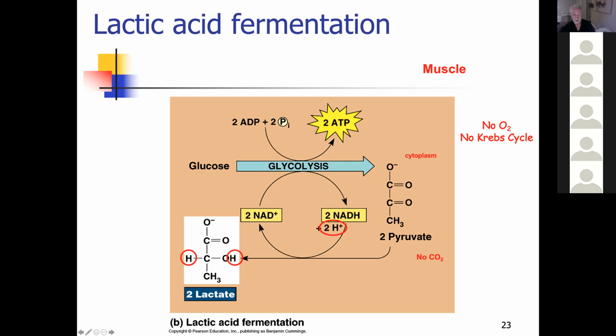Instead, the pyruvate is directly reduced to 2 molecules of lactate, lactic acid. So you have pyruvate, a 3-carbon compound. Lactate is a 3-carbon compound, which is just reduced pyruvate. So without oxygen, lactate accumulates.